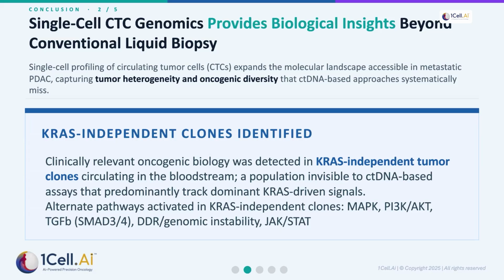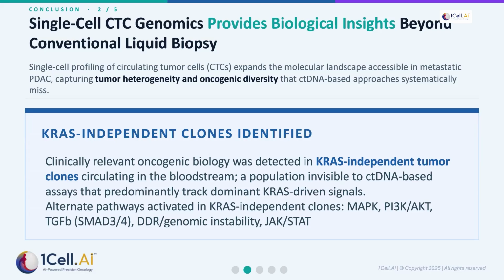This is one example, but they appear to have lost their KRAS, and they're circulating in the bloodstream. So this would be invisible to ctDNA-based assays that track tumor DNA in bulk.